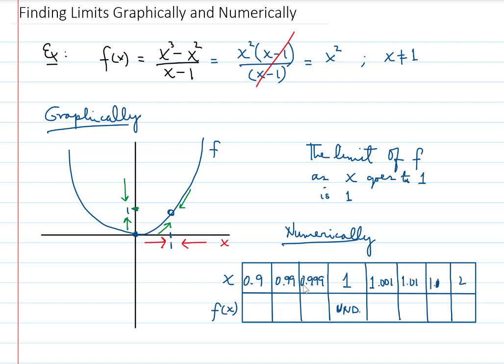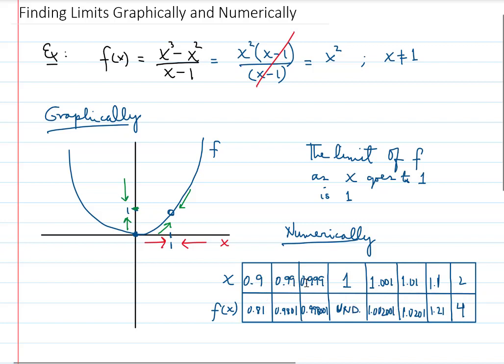Our function is x squared, so you have to square all these things. Then you'll see that these numbers are actually getting closer and closer to this 1 right here. After evaluating all those x's, coming from the 2, you start with 4, but as soon as you start getting closer and closer to this 1, these numbers start getting closer and closer to 1 as well.